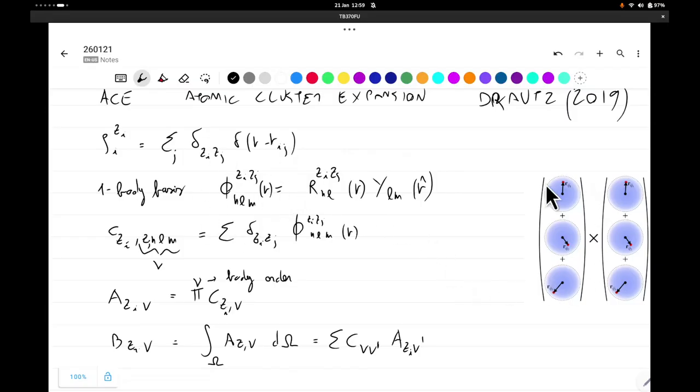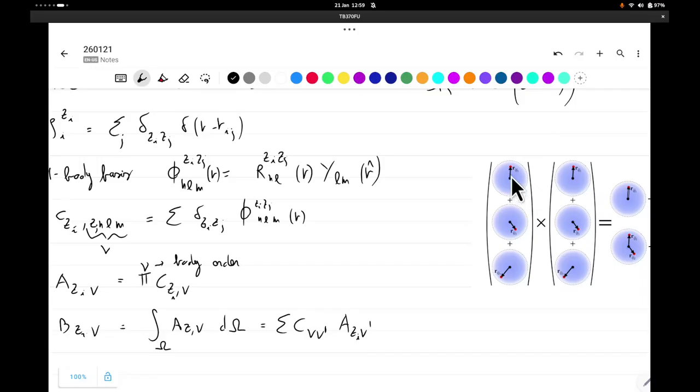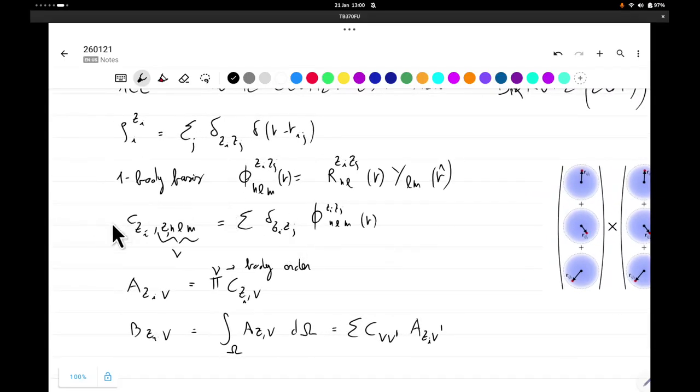They would represent the environment, each atom with each neighbor, right? So the i is in the center and the j is in the neighborhood. And then one can construct atomic environment basis functions by summing over these one-body basis functions.